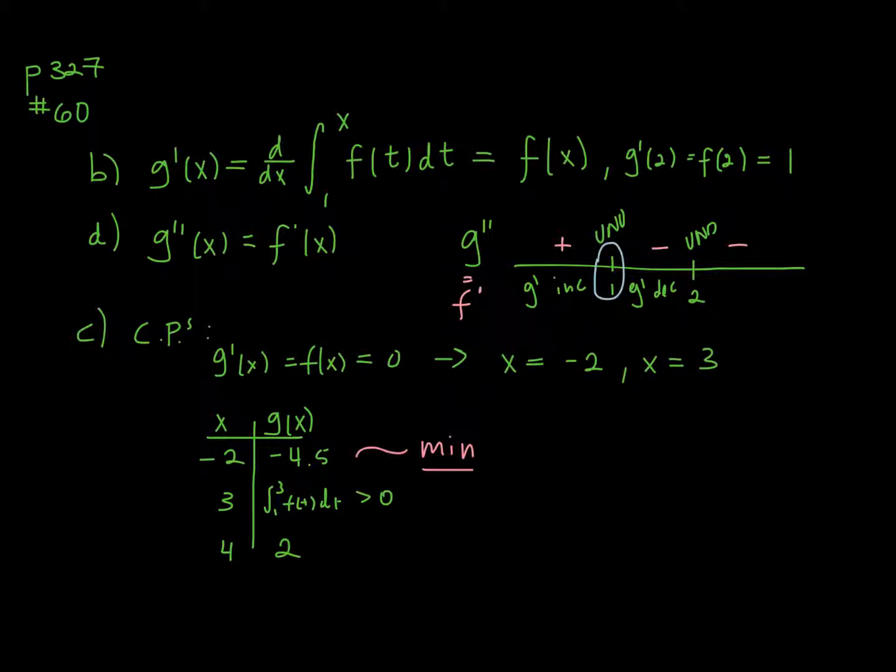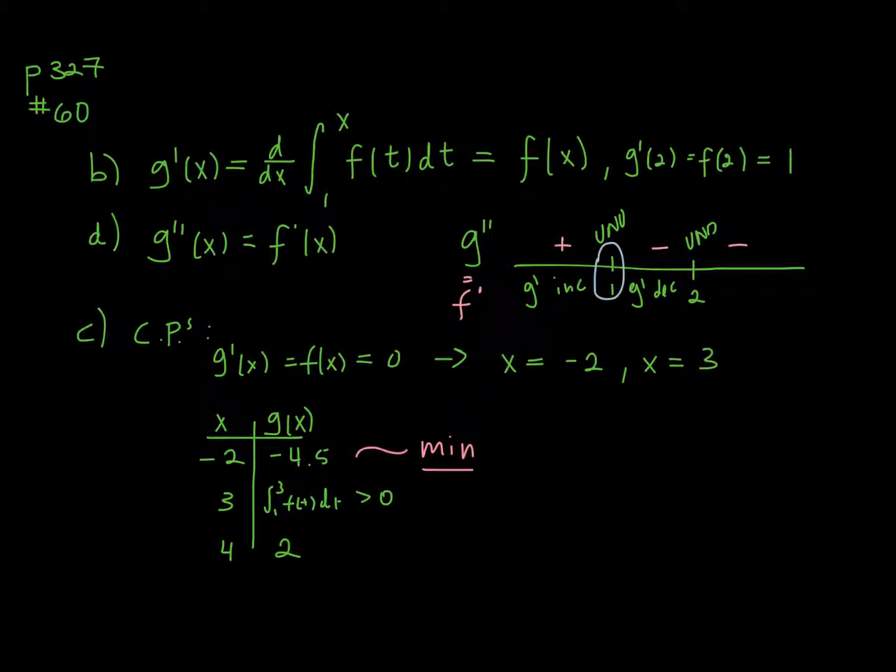Notice that at 1 and 2 there are those little cusp points. It's not defined there. However, the first derivative is changing from increasing to decreasing. The second derivative is positive to the left of 1 and negative to the right of 1. Based on that, I can say that my point of inflection is occurring at 1 and not at 2, since it is decreasing on both sides of 2.